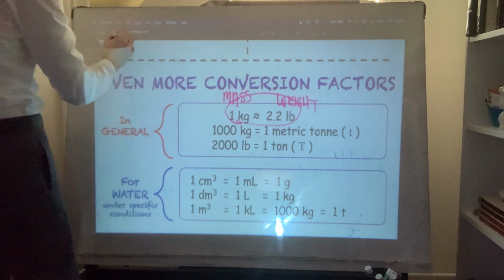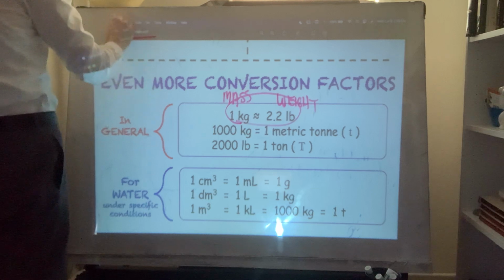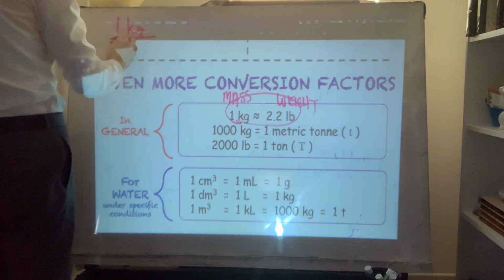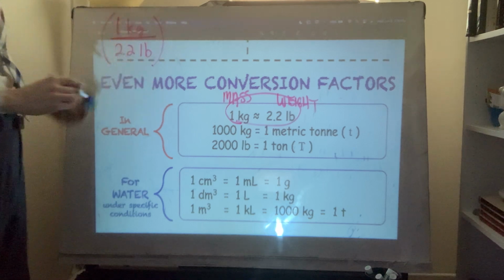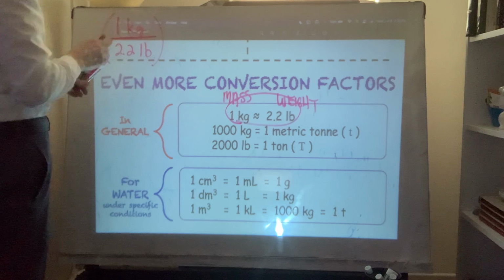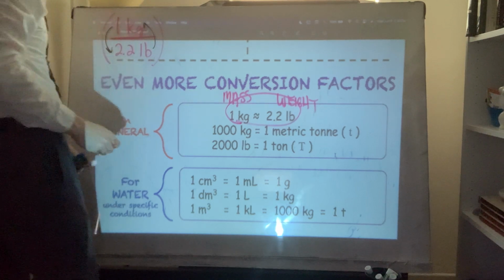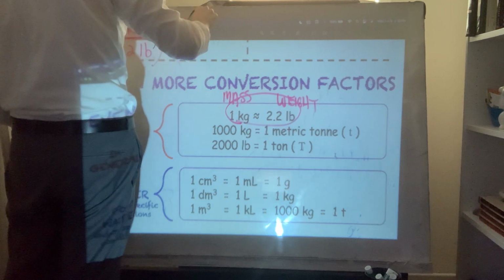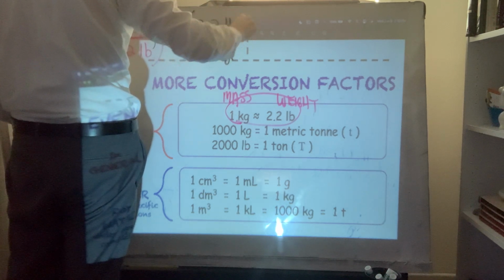In the style of a ratio, I should say, you could either write it like this, 1 kilogram is 2.2 pounds. Or, if it is more practical, switch the positions around, so you would have 2.2 pounds is 1 kilogram.